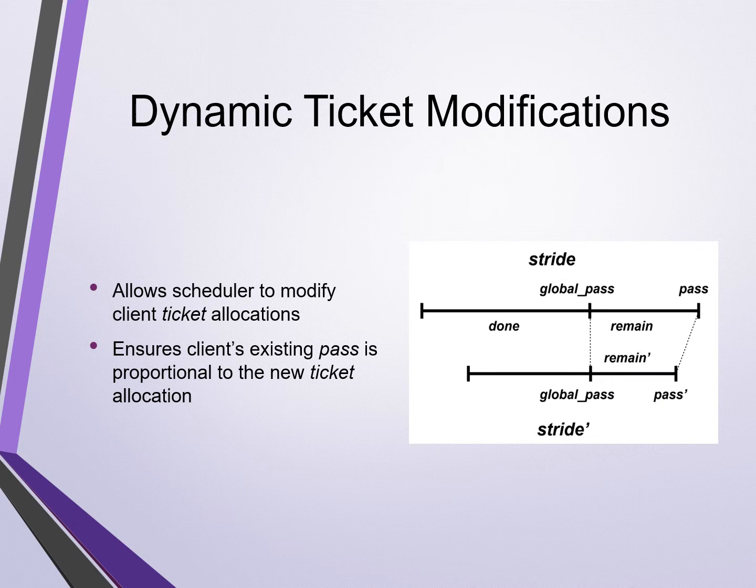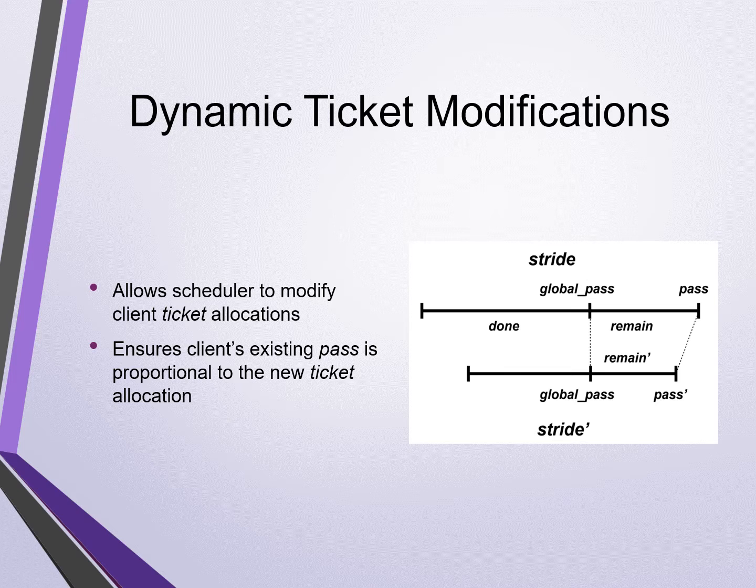Stride scheduling must also allow for dynamically modifying ticket allocations. When a client's ticket allocation is dynamically changed to a new ticket allocation, its stride and pass values must be recomputed. So as shown in that diagram, the new stride is computed as in the basic algorithm, inversely proportional to new tickets.